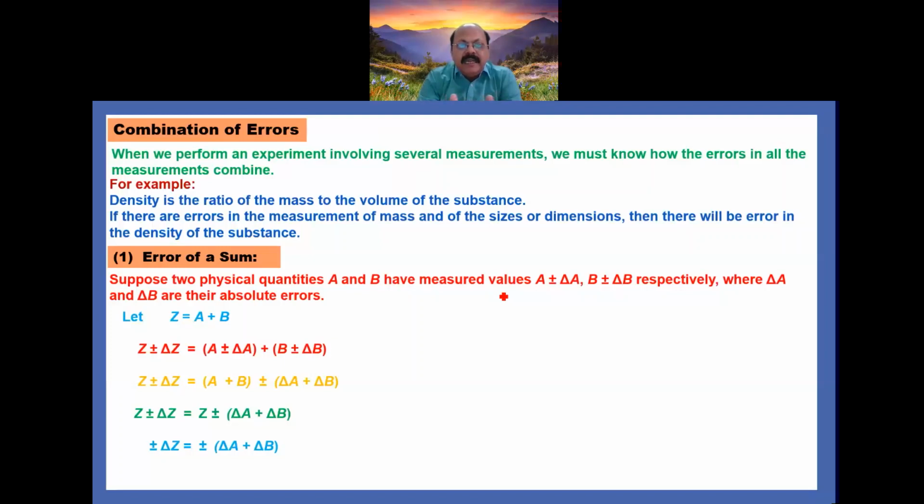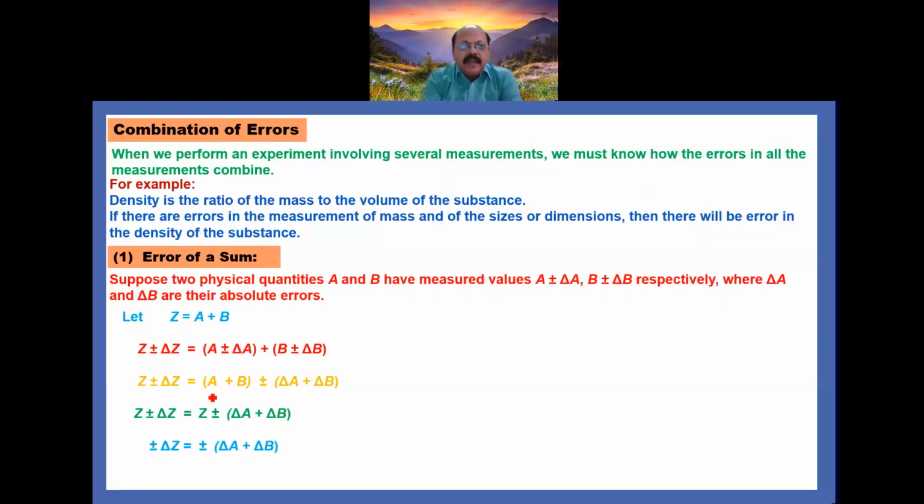Plus minus delta Z is the error in the result when we are adding the two physical quantities and putting their measured values. So we open this bracket on the right hand side, then what we will get?